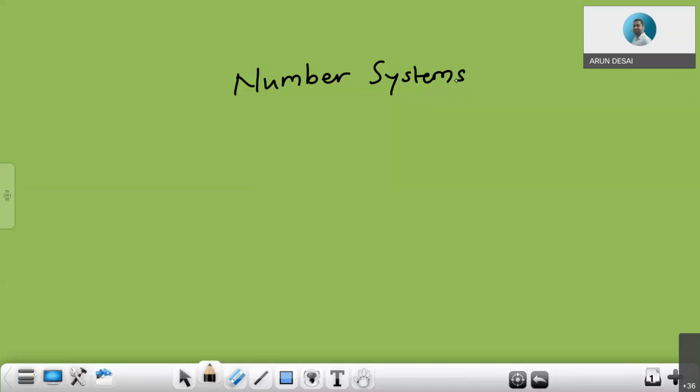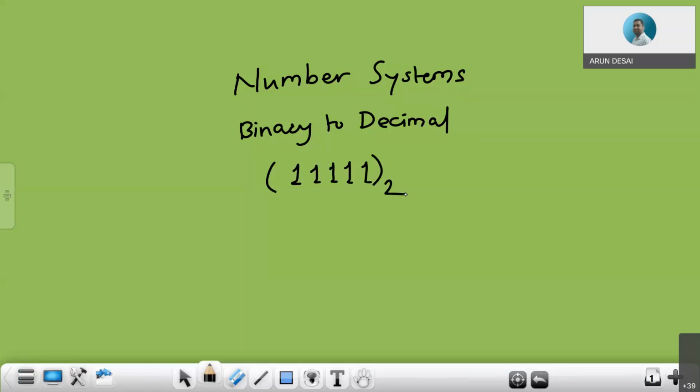So first and foremost conversion is binary to decimal. How to convert this binary to decimal? Tell me a method. Put it in chat now. This is my binary number.